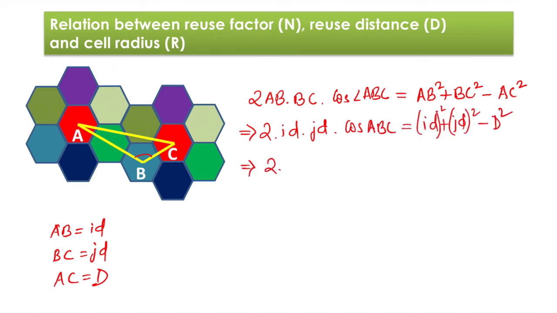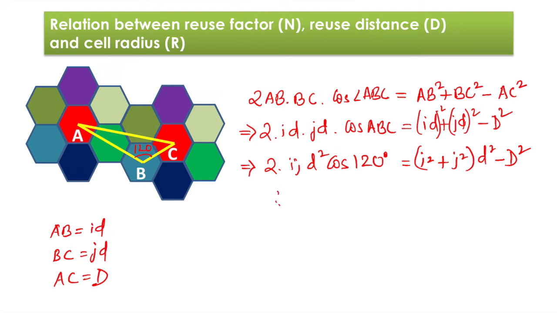Now you can write 2ij D square cos of ABC. The angle ABC will be 120 degrees; from hexagonal geometry you can find it will be 120 degrees. So you can write cos 120 degrees equal to i square plus j square small d square minus capital D square.